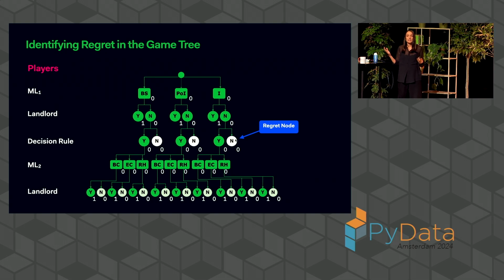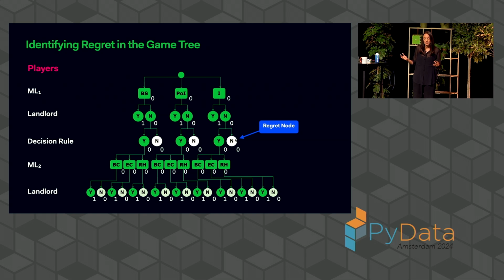Of course, this is a very simple form of regret that we can introduce. There are, of course, more complex regret conditions. In this case, we could also say, for example, whenever the renter is not approved, and we're going in this part of the branch where we're actually trying to repropose the renter, let's assume machine learning model 2 is proposing to do a renter history validation, and then the renter is still not approved.